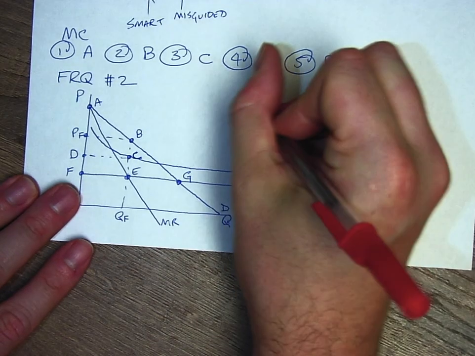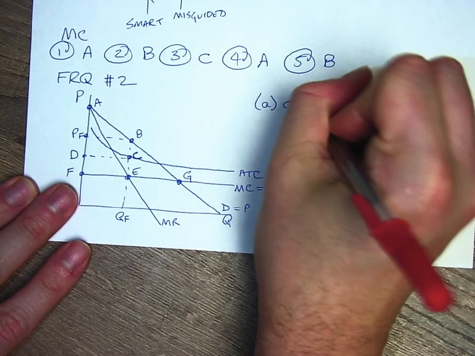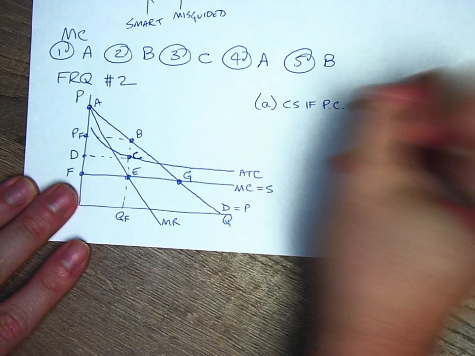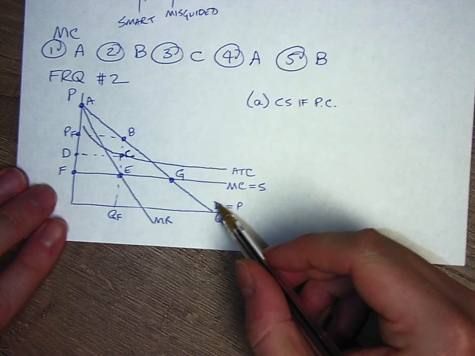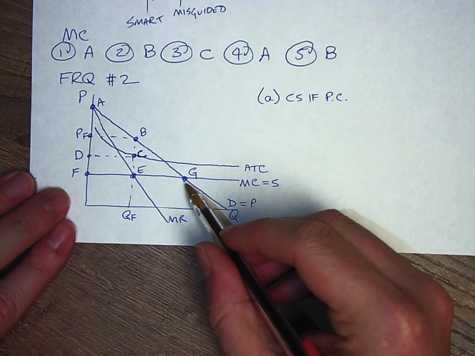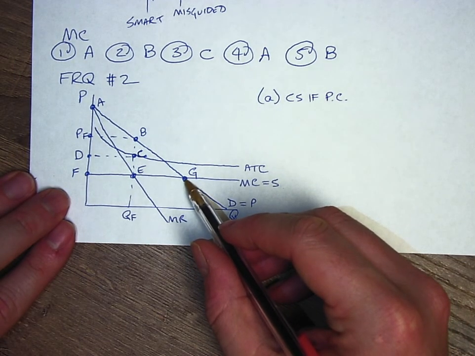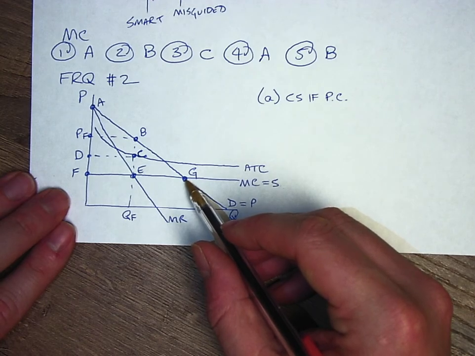So A is consumer surplus if perfect competition. So in perfect competition, this supply curve and this demand curve would determine the quantity, right? And then everything above the price, all the way up to the demand curve, would be the consumer surplus.